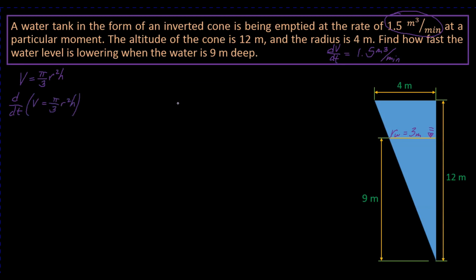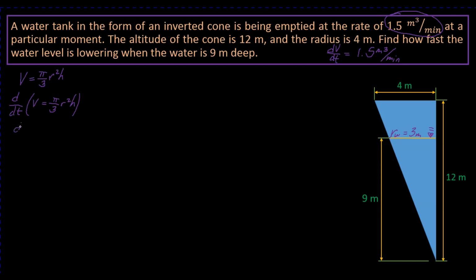Take note, we're not simplifying this, although we can actually use the similar triangles to remove h, or we can also remove r. But here is the problem that will happen if we don't simplify the equation.